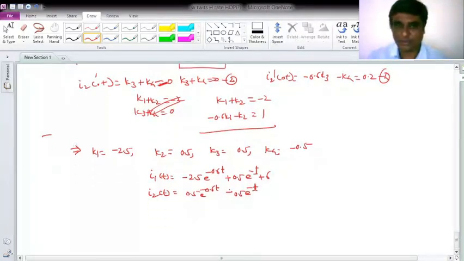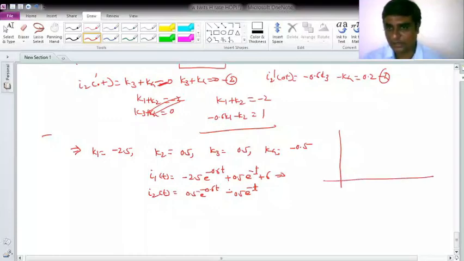And if I would like to plot it, for I1 of t it will be the sum of two damped exponentials plus 6, right? So what is the resultant? I1 of t at t is equal to 0 is minus 2.5 plus 0.5, so minus 2 plus 6, it is 4.